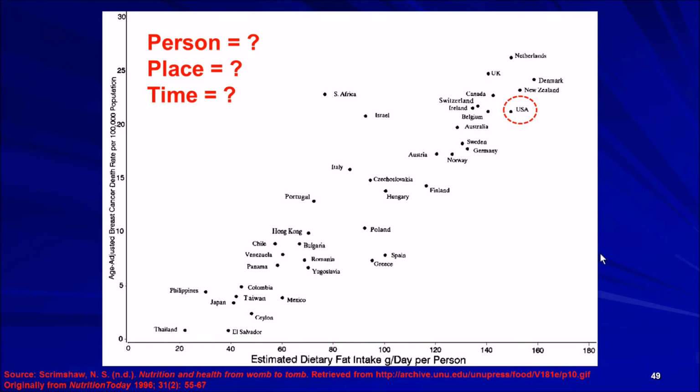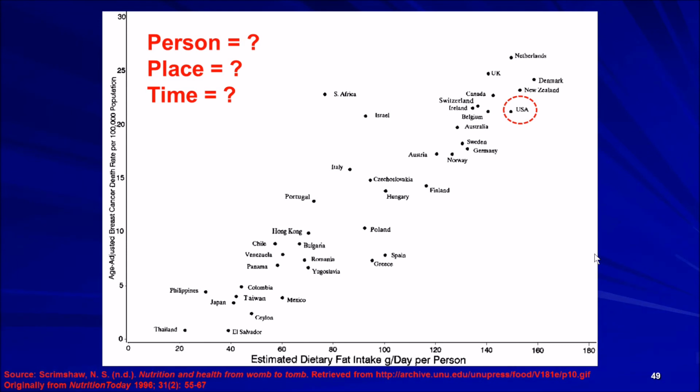I think it's an interesting title of the article, Nutrition and Health from Womb to Tomb, but this is looking at the estimation of dietary fat intake in grams per person per day, and it's looking at breast cancer death rates.